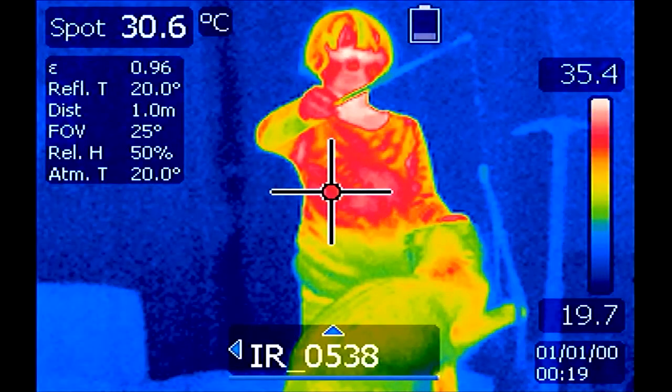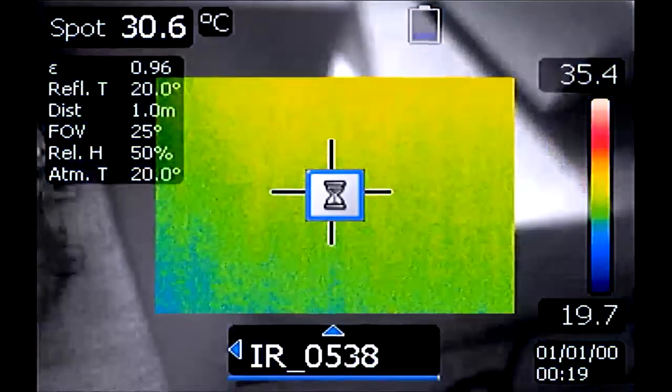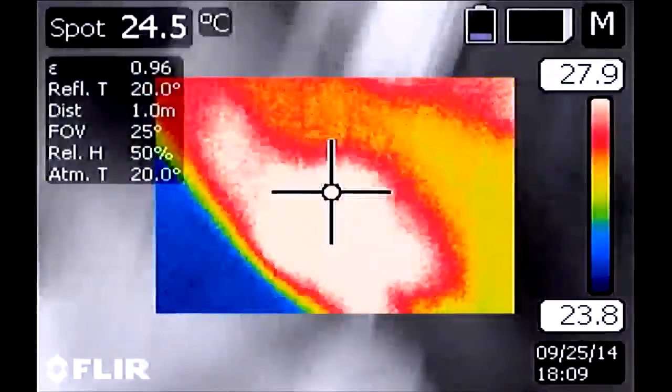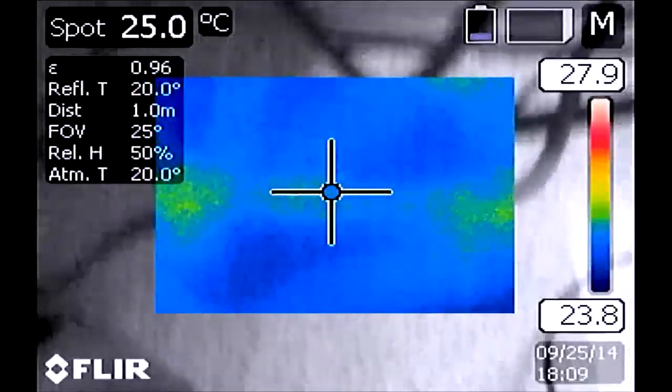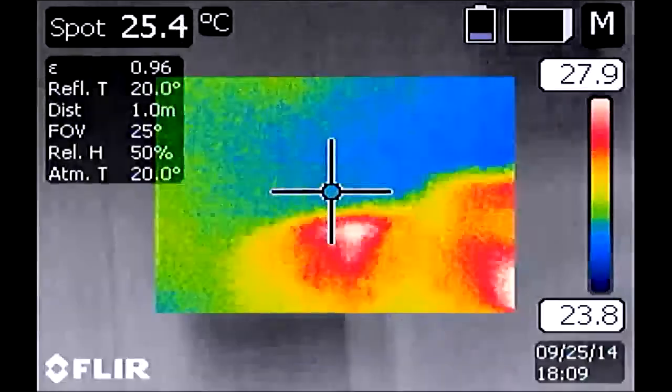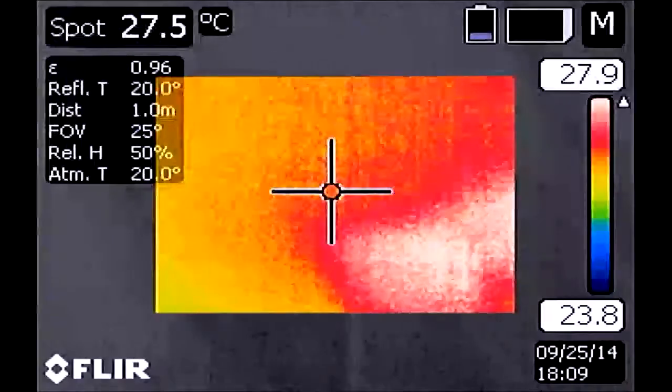Ah, what's that? That's bad. I don't know why there's that X in the middle of the picture. It didn't used to be there.